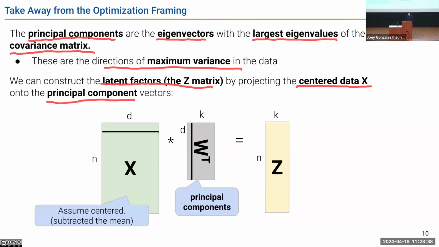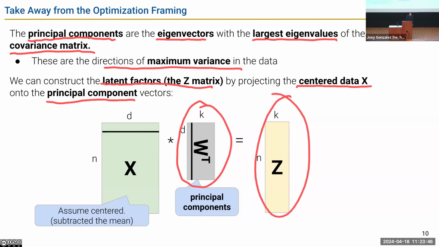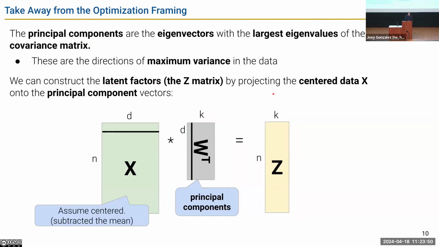We know how to get our W's. All centered, principal components. And by the way, these are called the principal components. Unfortunately, in previous versions of this class, these were called principal components. I have made that mistake in the past, but the correct definition of principal components are these guys here, and these are just factors. Some of the lectures that we will link to from other faculty elsewhere also make this mistake. It is a common point of confusion. If someone calls this principal components, don't get too upset with them.